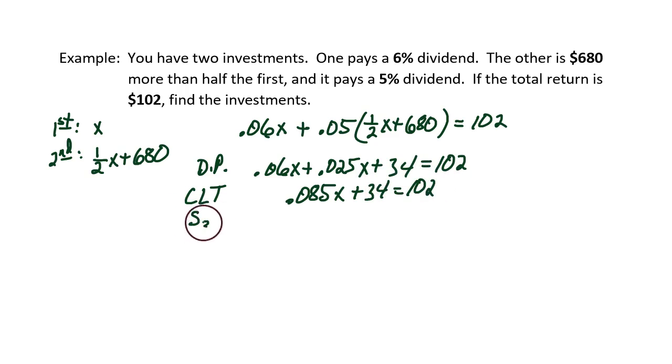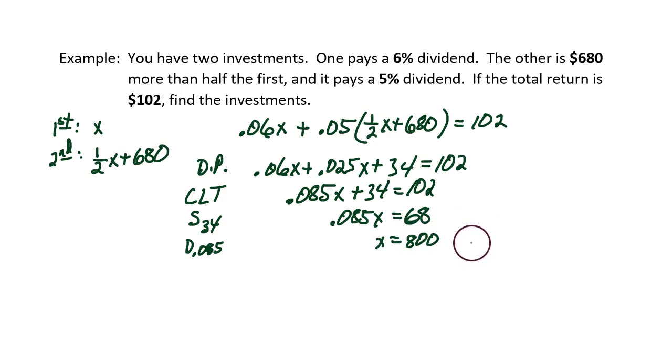Next up, subtract 34 from both sides. And that makes 68. And final step, divide by the 0.085. With the help of a calculator, the answer is 800.